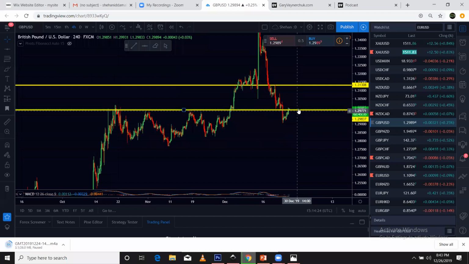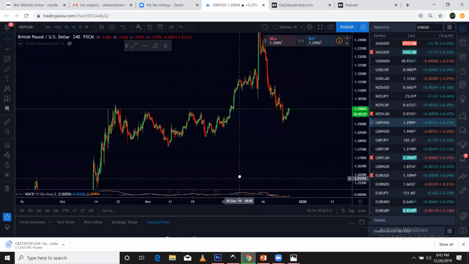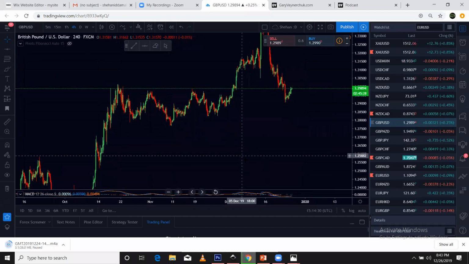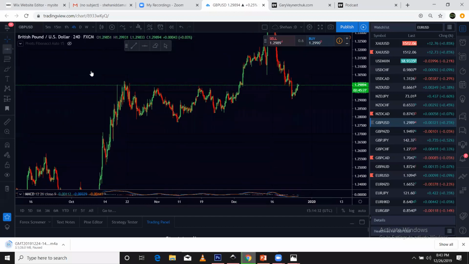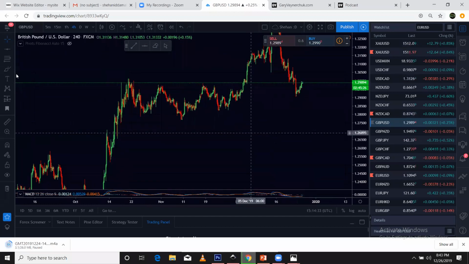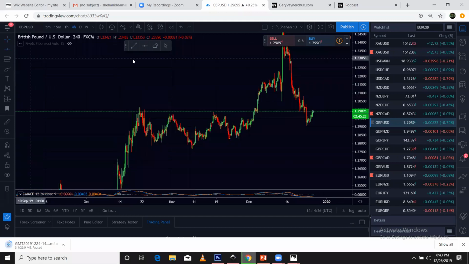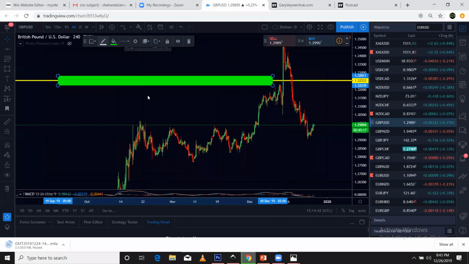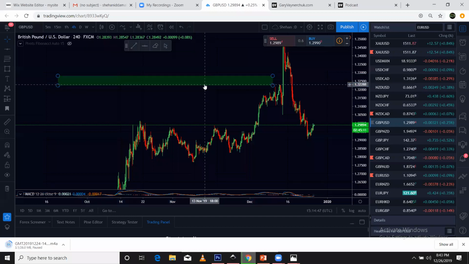So it depends, right? Tomorrow I will teach you how to get the perfect support and resistance zones. By the way, when you're drawing support and resistance zones, rather than using a line, you can use a rectangle to draw the whole zone like this, and just reduce the background. So you get something like this. That zone is my support and resistance area.